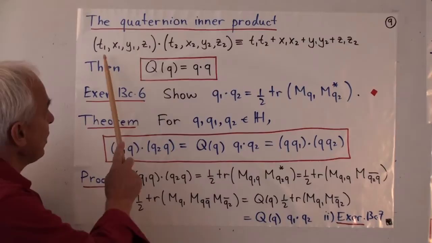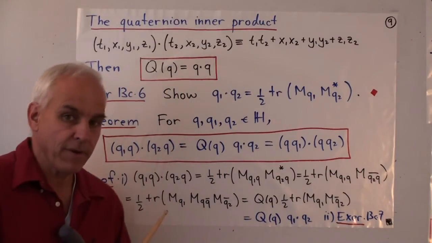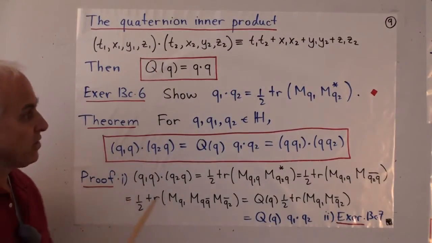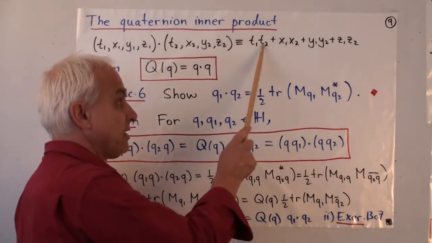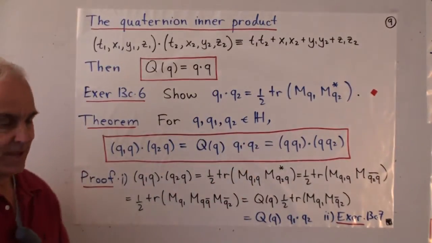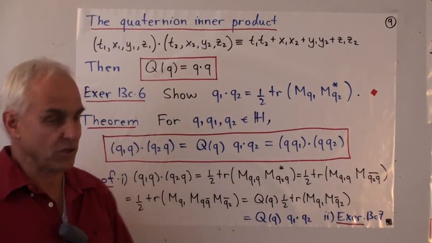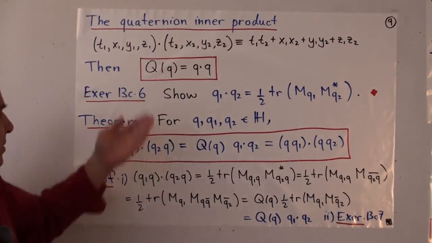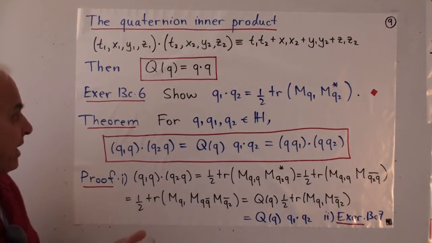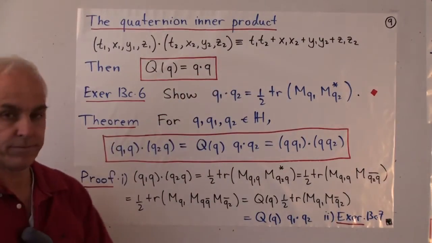If we have two quaternions, T1, X1, Y1, Z1, and T2, X2, Y2, Z2, we can define the dot product or inner product between those two to be this number: T1T2 plus X1X2 plus Y1Y2 plus Z1Z2. Exactly analogous to the way we define the dot product between two vectors in three-dimensional space. And then we see immediately that the quadrance of a single quaternion Q can be rewritten in terms of the dot product as simply Q dot Q.